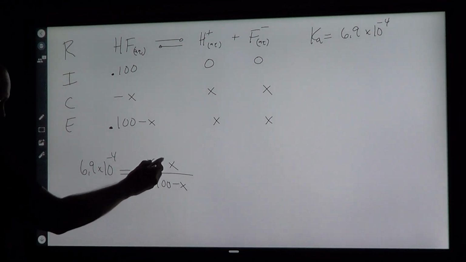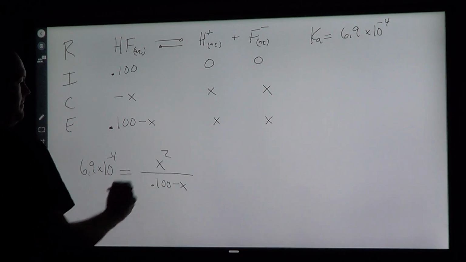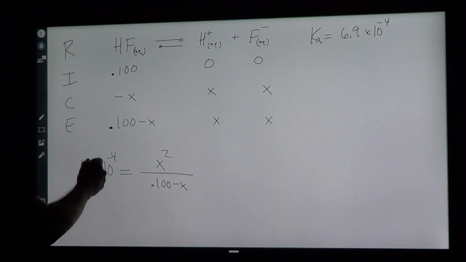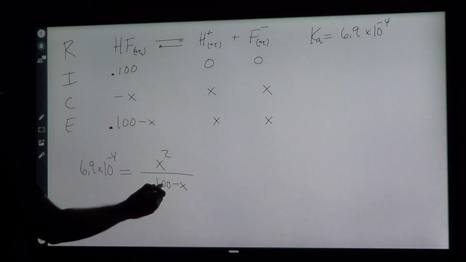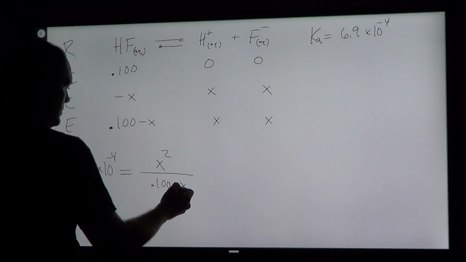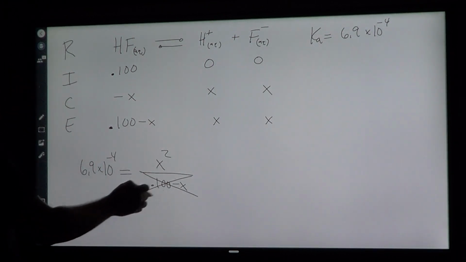So this becomes x squared divided by 0.100 minus x. So in order to simplify this, we've got to multiply both sides by this denominator. So we're going to remove it from there and bring it over here.